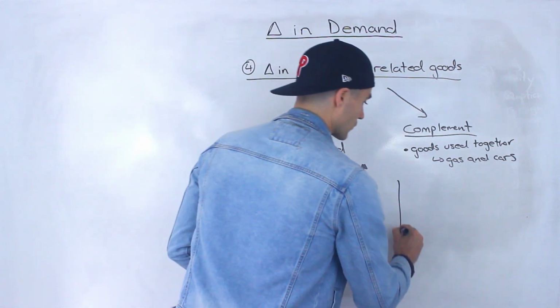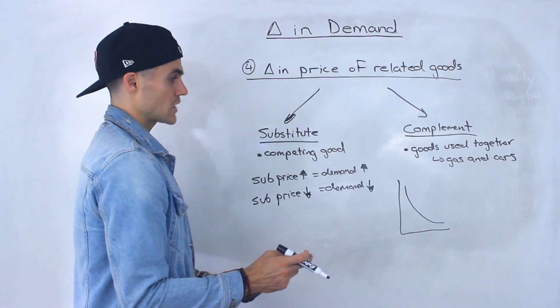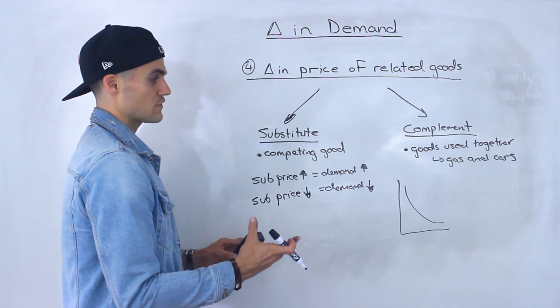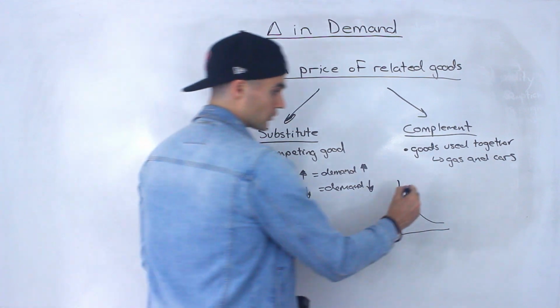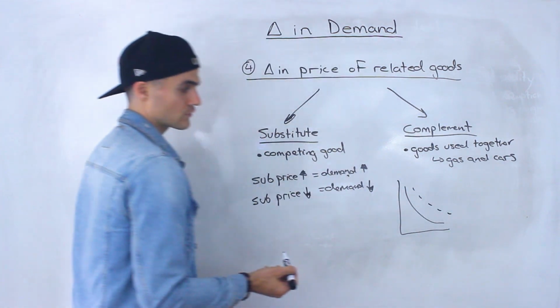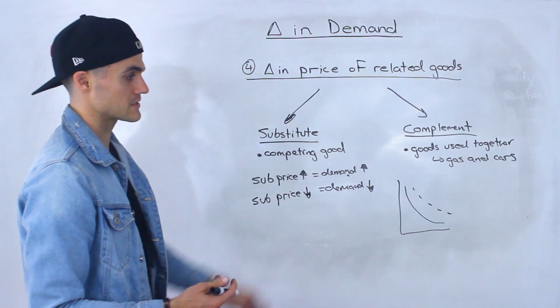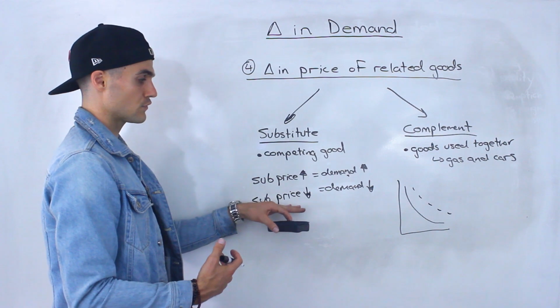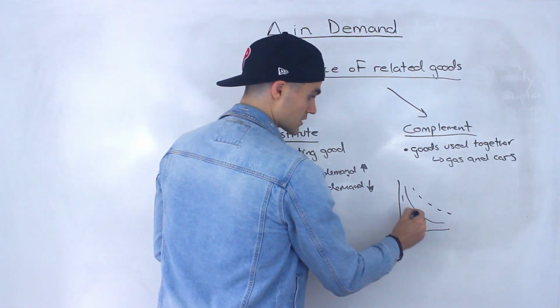So again, if we're looking at Apple's demand curve, if a question asks you what happens if the price of a Samsung Galaxy goes up, well, Apple's demand curve is going to shift to the right, right? The demand's going to increase. Versus if the Galaxy goes down in price, then Apple's demand curve is going to shift to the left.